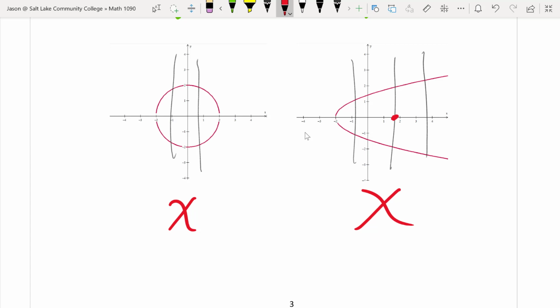The value 1.6 is getting related to both this value, something a little below 2, and this value on the y-axis, something between -1 and -2. So the x value is getting related to multiple y values, so that's not a function. That's why the vertical line test helps us determine whether a graph represents a function.